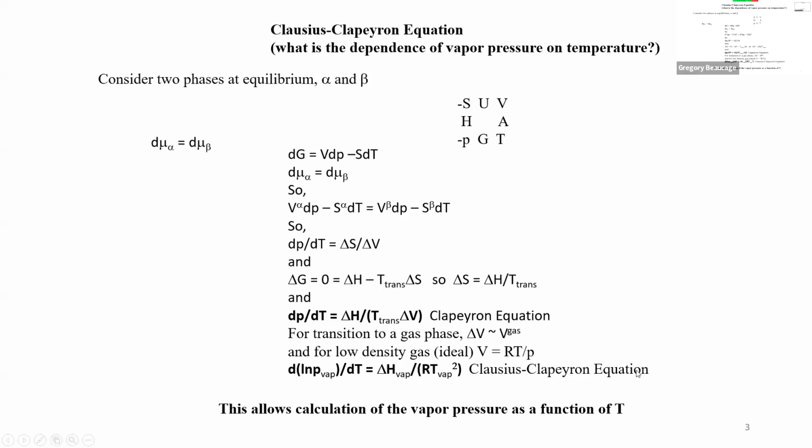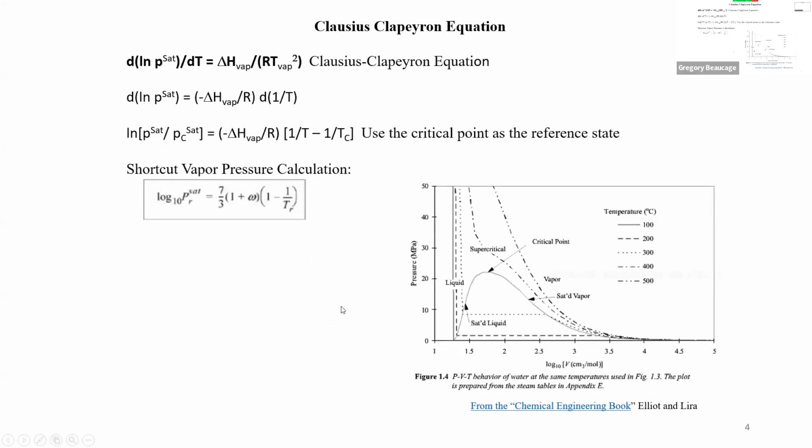That's the Clausius-Clapeyron equation. So that indicates you would plot ln of P versus 1 over T, because dT over T squared ends up giving you d(1/T). If you integrate this thing, you get, oh, this thing's integrated someplace here.